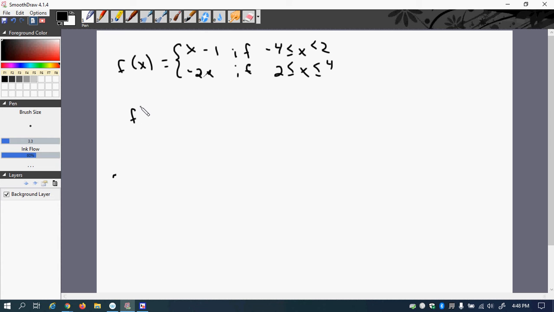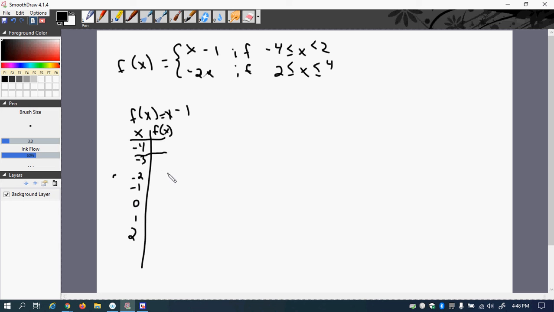So I'm going to write f of x equal to x minus 1, and then I'm going to make a table. This is x, and this is f of x. I start at negative 4 and go all the way to 2. So that's negative 3, negative 2, negative 1, 0, 1, and 2.